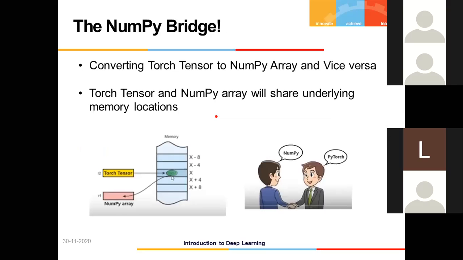Those who have worked with Python might have worked with the NumPy array, right? NumPy is a large dimensional array where you can store large dimensional values. The same concept PyTorch gives through the tensor. Tensor is one of the data structures of PyTorch.